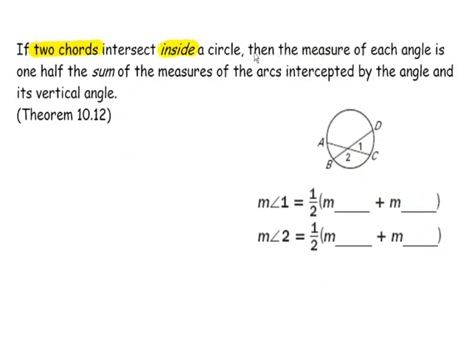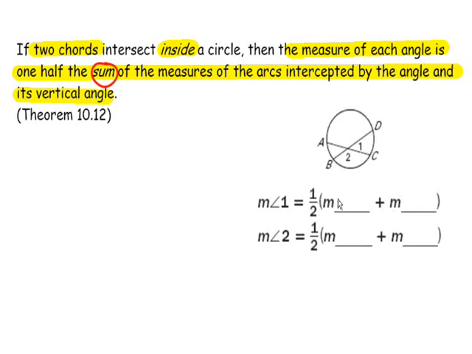So if that's the case, then the measure of each angle is 1/2 the sum of the measures of the arcs intercepted by the angle and its vertical angle. Okay, so it's a little easier when you see it as a formula. The measure of angle 1 here is going to be 1/2 the sum of the two intercepted arcs.